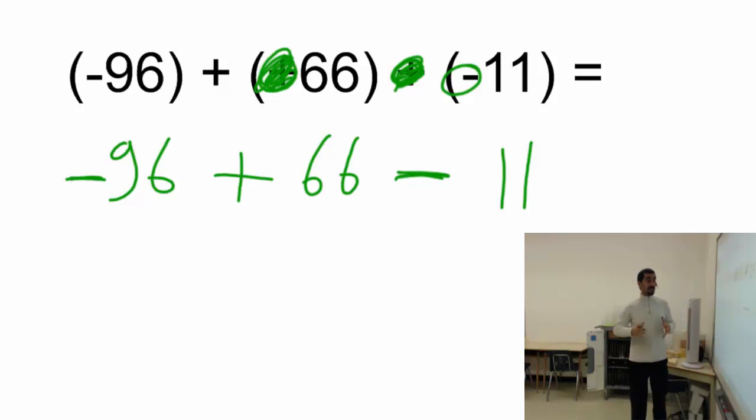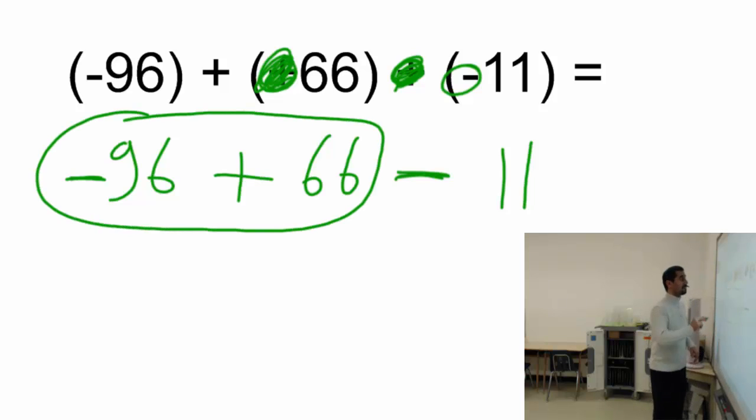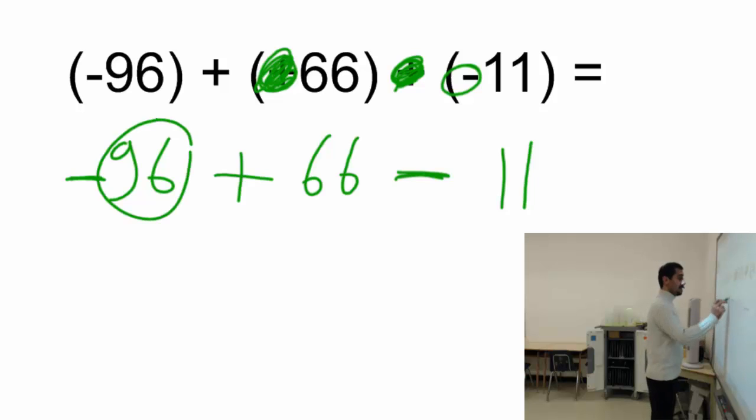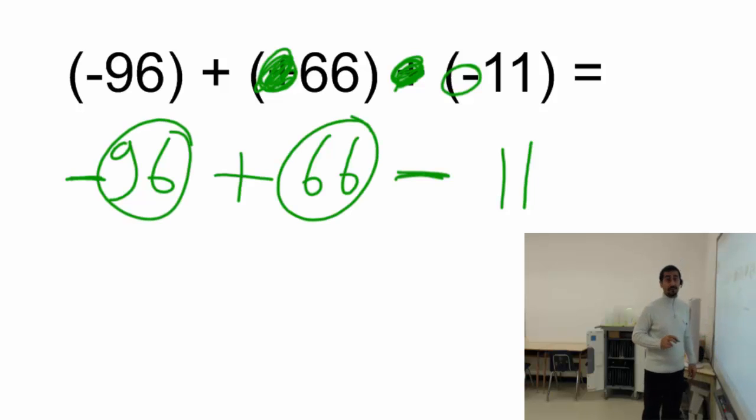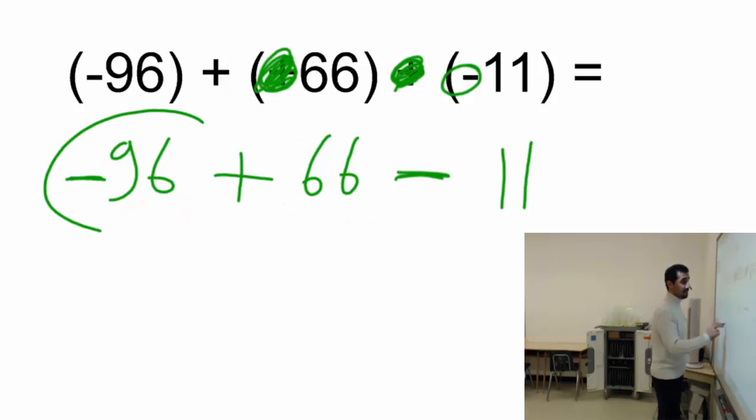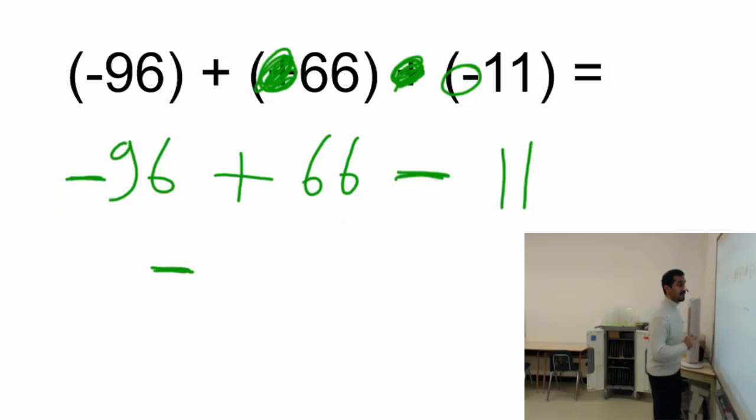And now I'm going to decide, first of all, let's talk about the first 2 numbers here. I'm going to decide whether the answer will have a positive or negative sign. Sign is first. Which one is big? This or that? Remember, you are not looking at the sign, just the absolute value. 96 is big, so my answer between these two will be a negative number.